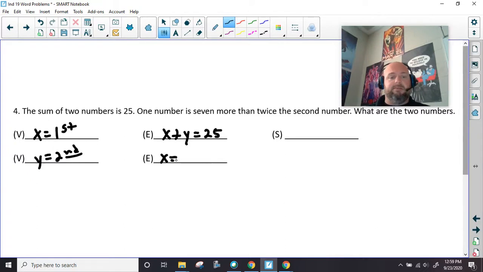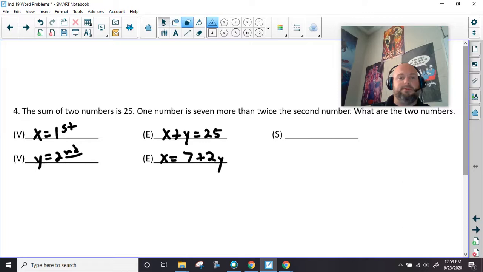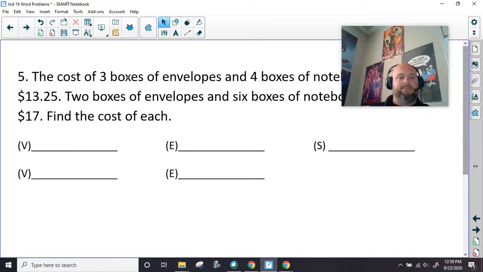It seems pretty easy for me. 7 more, this is adding, so it doesn't matter. Twice the second number. Well, that's why I said x is this, because it's the second number. All right. Now, this is one of the problems that you have for homework. You'll actually have to solve this. Okay. So you may have to kind of flip-flop back and forth, making sure you're taking your notes, all that kind of good stuff.